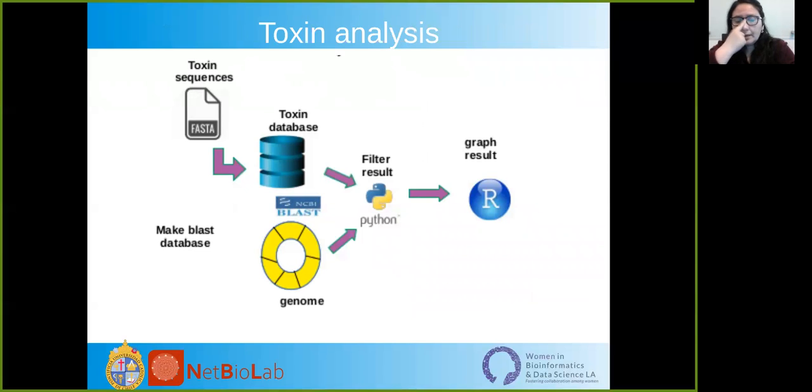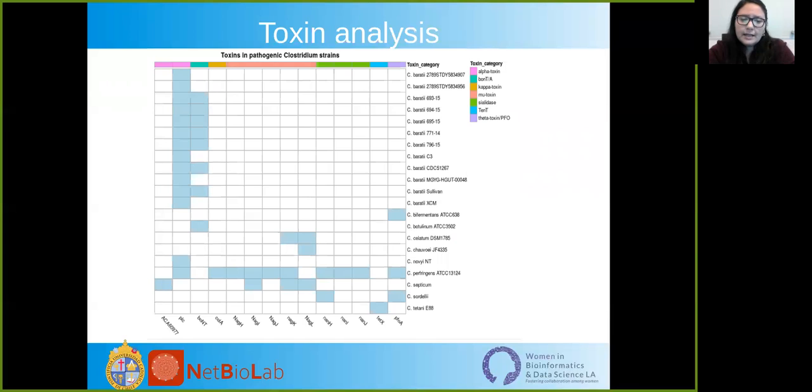After, we evaluated the toxins present in pathogenic Clostridium and Clostridium baratii. We found that the PLC toxin is present in all Clostridium baratii genomes, and 7 of 12 genomes of Clostridium baratii produce the BoNT toxin.